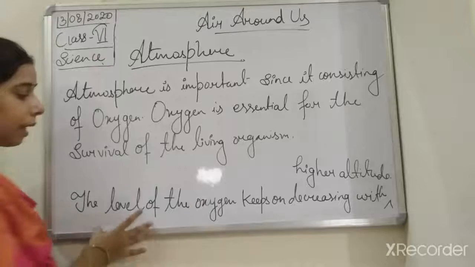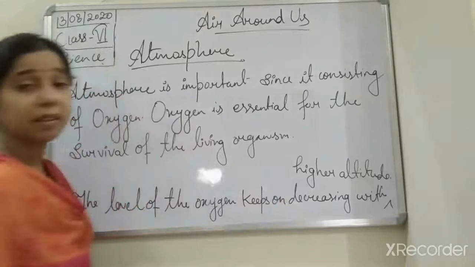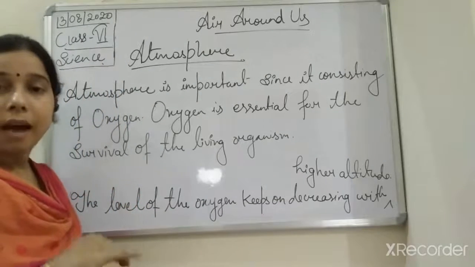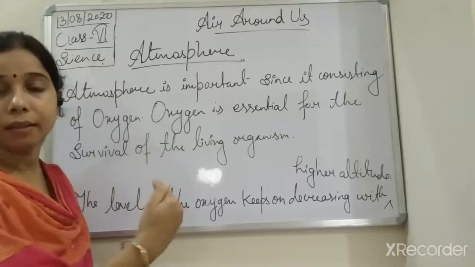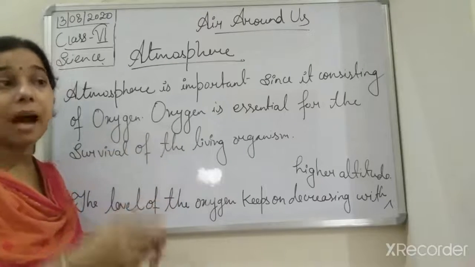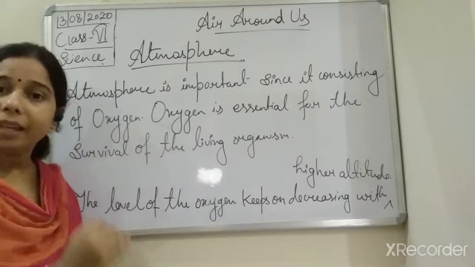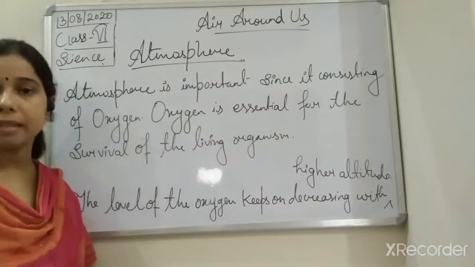And why does the level of the oxygen keep on decreasing with higher altitude? Because as we move higher and higher, the amount of air keeps on decreasing. It becomes less and less.